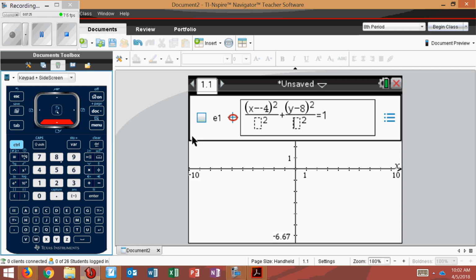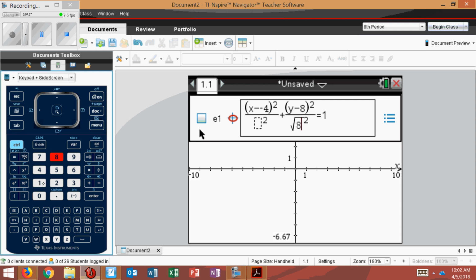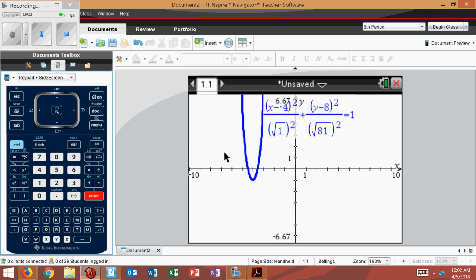Underneath the y squared we had 81. You can either put 9 or do square root 81, so those cancel out and it looks exactly like our equation. We can do the same thing with square root of 1, so these two cancel out and our equation comes out perfectly.